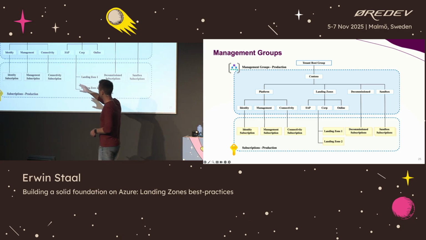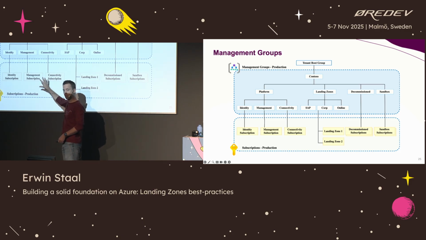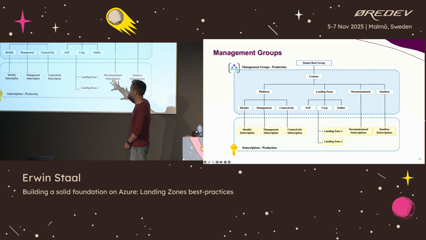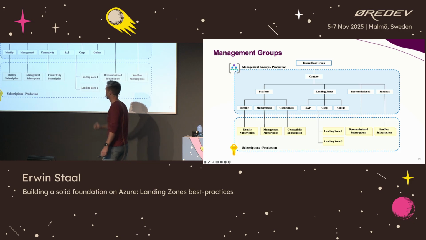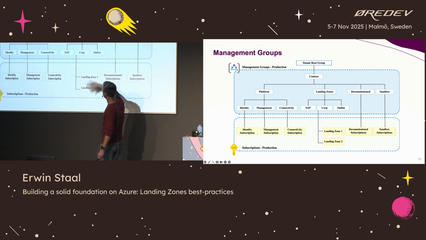There's a separation between platform landing zones and application landing zones. That's quite often being done because, for example, there are different policies being applied here on the platform than we apply on the landing zones for our users. So then we can apply policies on the landing zones on the platform, which are separate from each other. So this is where most of the landing zones then will be hosted.